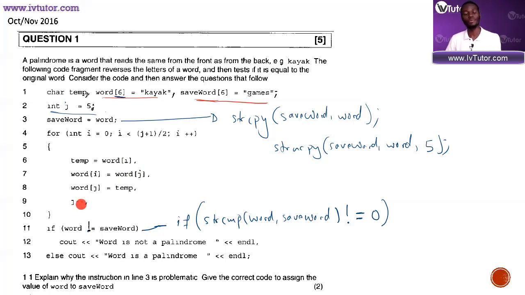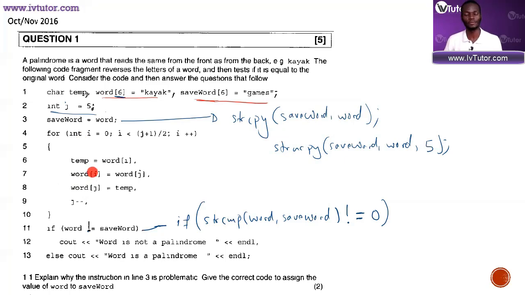Then we decrement j by 1 and we increment i by 1, which means we are swapping characters, the first character and the last character, the second character and the second from last character, the third character and the third from last character until we get to the middle of the string. That is what this code is trying to do.